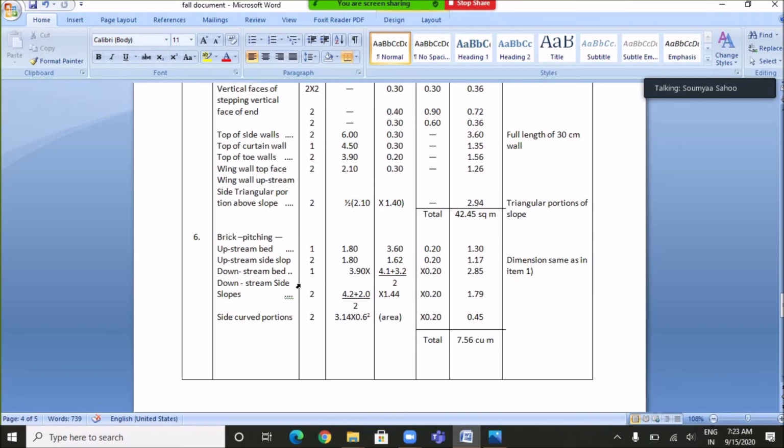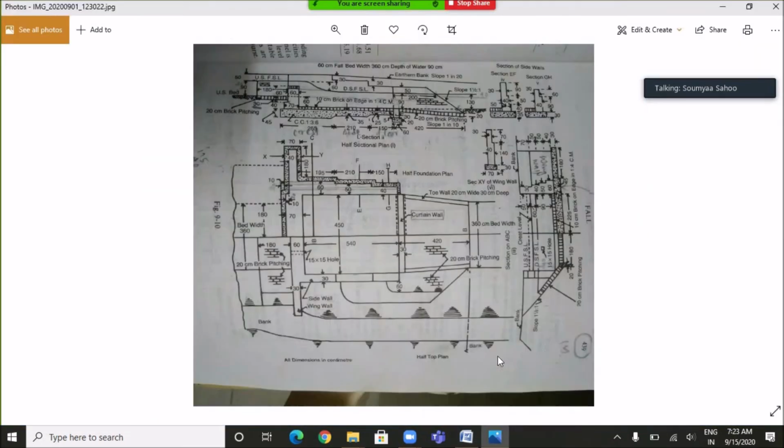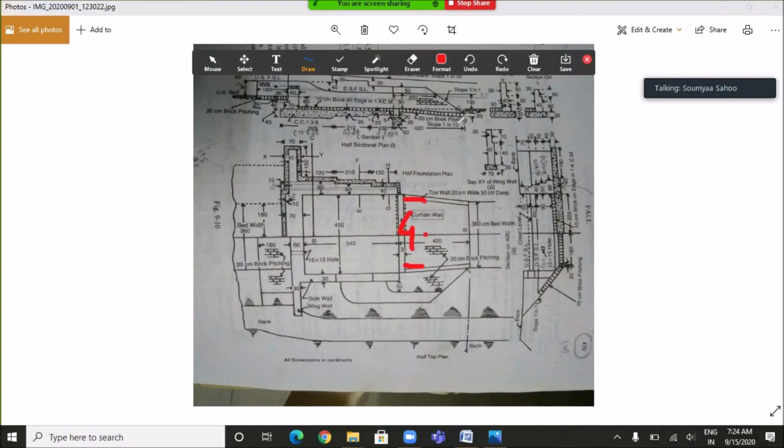For the downstream bed, the brick pitching is carried out for a length of 3.9 meter, which is 4.2 minus 0.3 meter, and the breadth will be, we have to take the average breadth here. This is 4.1 meter and this breadth is 3.2 meter.